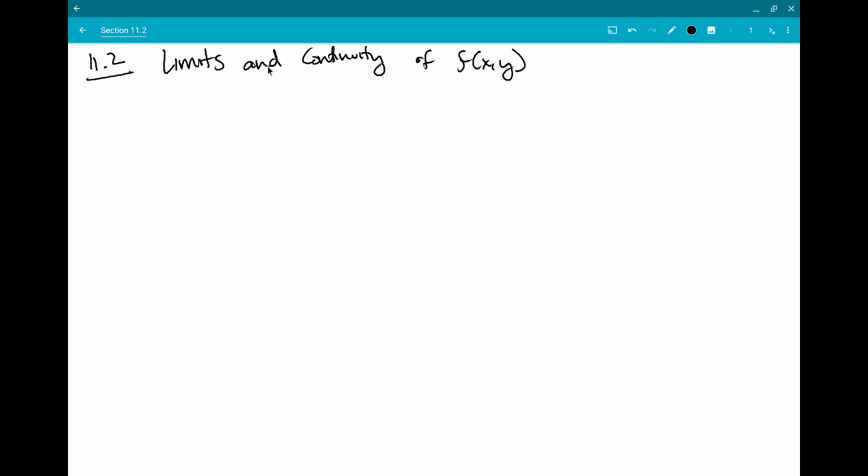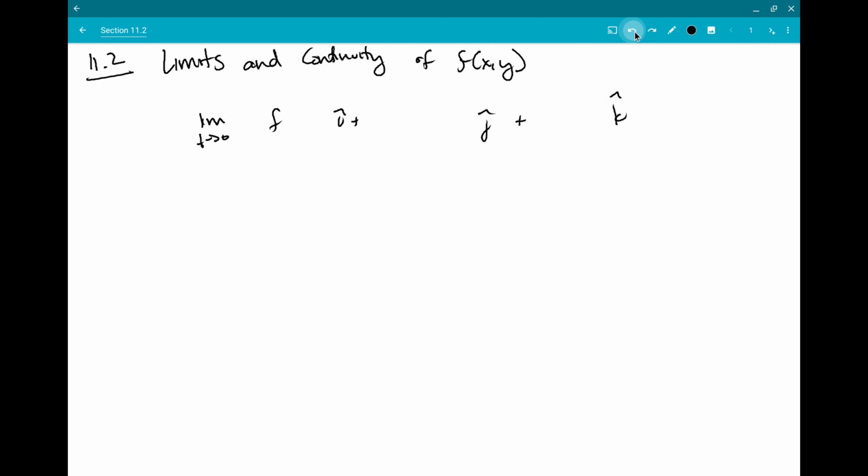So in a previous section, you might remember we learned how to take limits of something that has three components, i hat, j hat, and k hat, but always depended on only one variable, t. Now what we're doing is going to be slightly different.